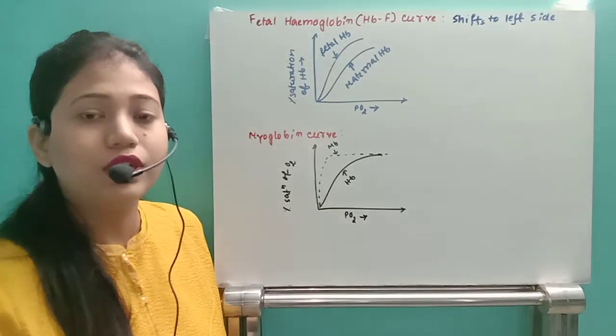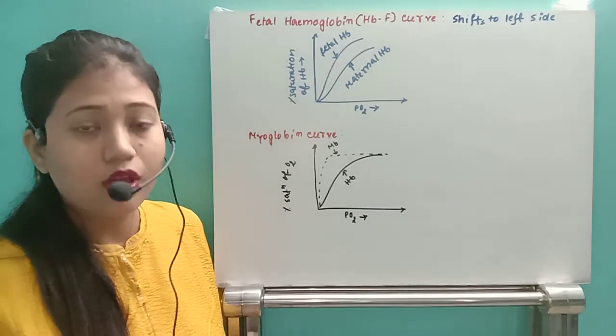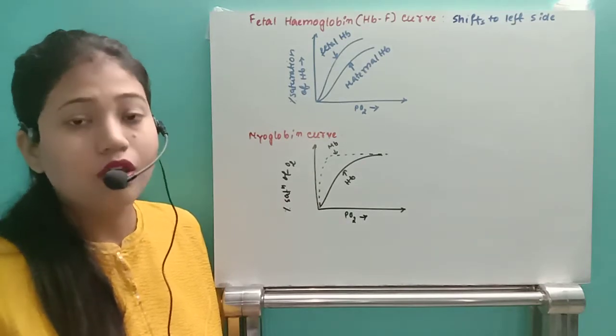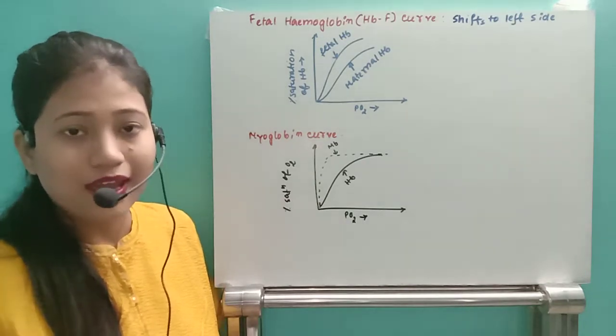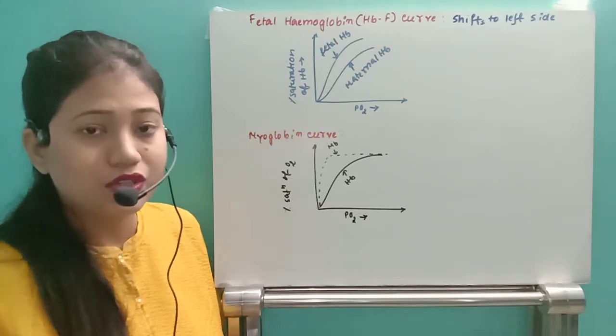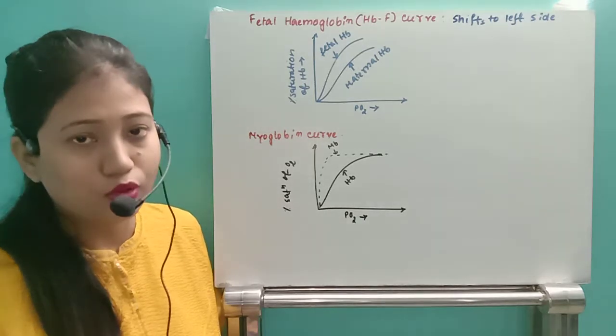Whenever the baby is in the mother's womb, in the embryonic state, the baby gets the oxygen from the mother's body via the placenta. So the maternal hemoglobin carries the oxygen and the fetal hemoglobin takes the oxygen from the maternal hemoglobin.